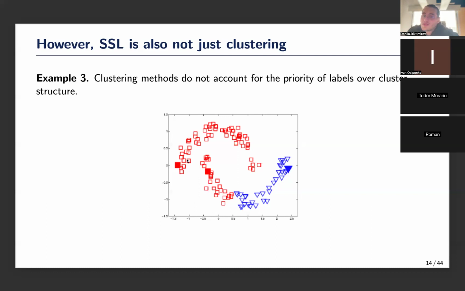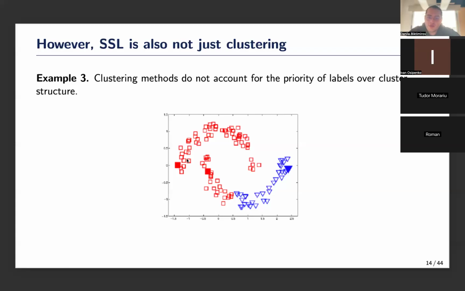The key difference is that in SSL, the labeled data points provided by the teacher take priority over the natural clustering structure of the data. For example, we had this labeled data, and we should think that it's always true. It cannot fail. Maybe in some algorithms it may, but we don't talk about that.